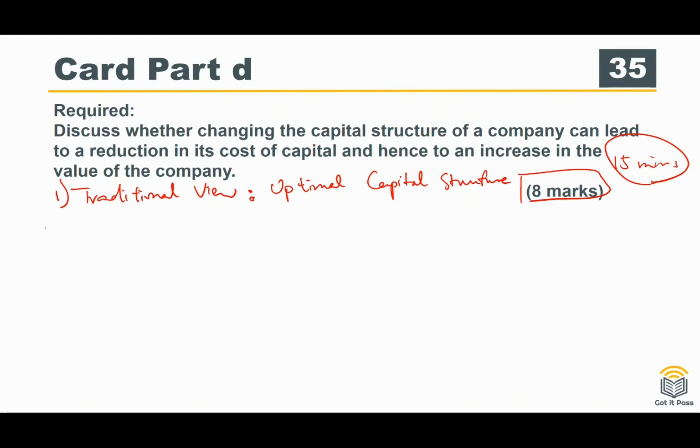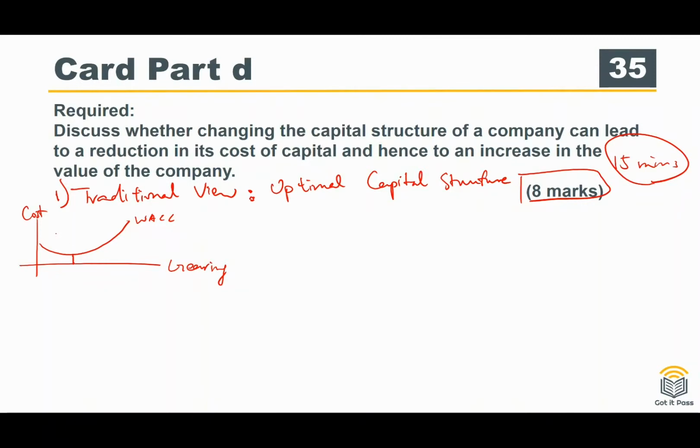And here is a simple chart to remind you. Here is the WACC, and here is the gearing, and here is the cost. There's an optimal point.